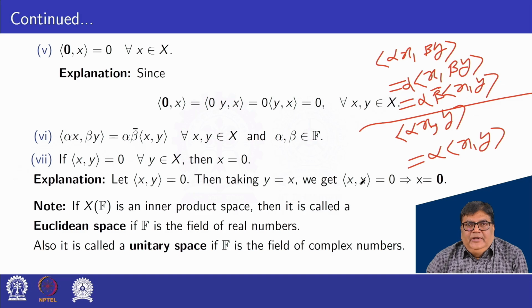And we know by the first property that if inner product of xx is equal to 0, then x is equal to 0. So it is true. Note that if X is a linear space over the field F and is an inner product space, then it is called a Euclidean space if F is the field of real numbers. Also, it is called a unitary space if F is the field of complex numbers.